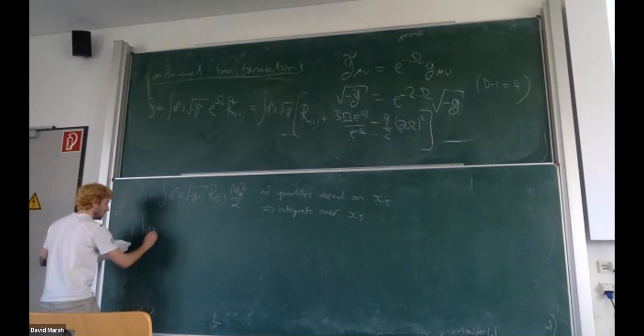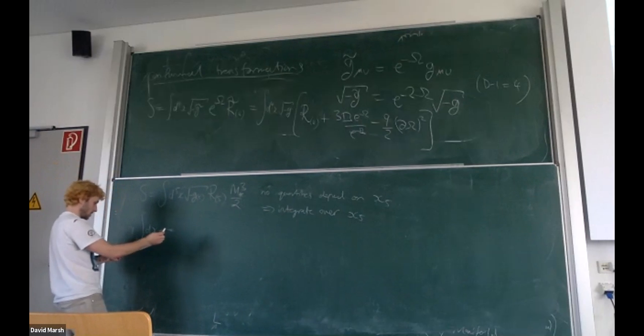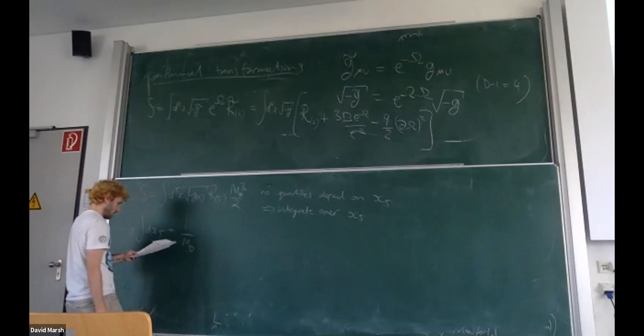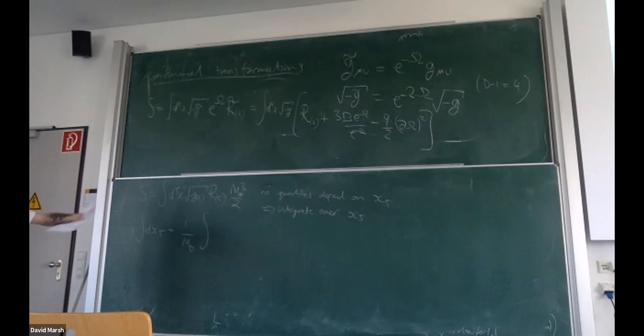The integral of dx5 is equal to something that has dimensions of length, which I'm going to take as 1 over the d-dimensional Planck mass, M_D. This just means that I'm measuring the size of my extra dimension in units of the Planck mass. I don't have any other units in this problem, so that's what I'm going to use.